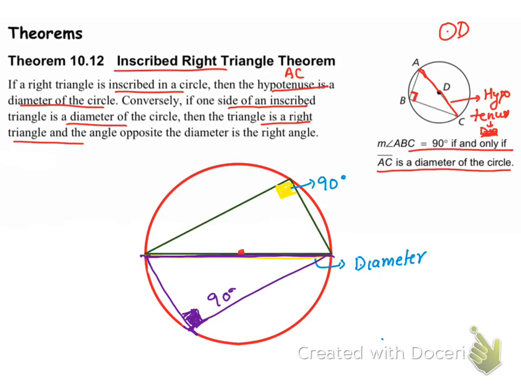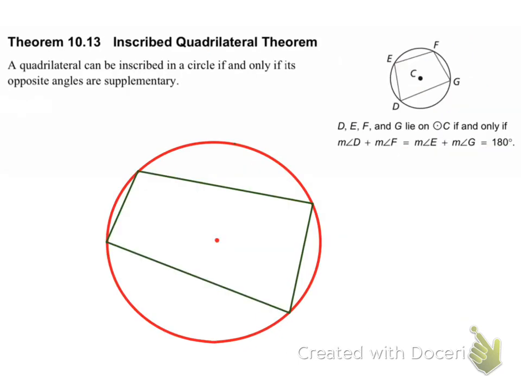Let's move to the next theorem. The next theorem is the inscribed quadrilateral theorem. If you see a quadrilateral that is inscribed in a circle, then if and only if its opposite angles are supplementary. What is it?